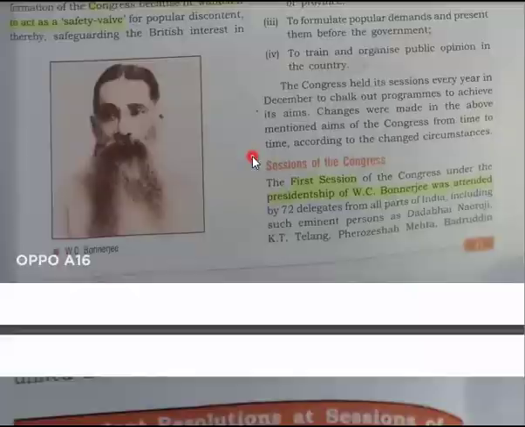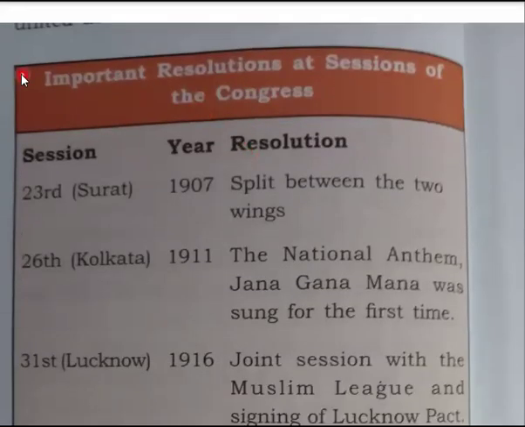And then we have the table of important resolutions at sessions of the Congress. The 23rd session, Surat, in the year 1907: split between the two wings.